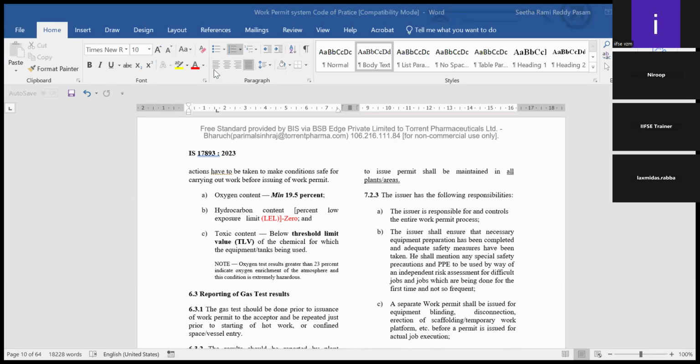Or we can also have PEL, permissible exposure limit. Even we have IDLH situations. No problem. Even if it is wrong, it is completely all right. You can guess.